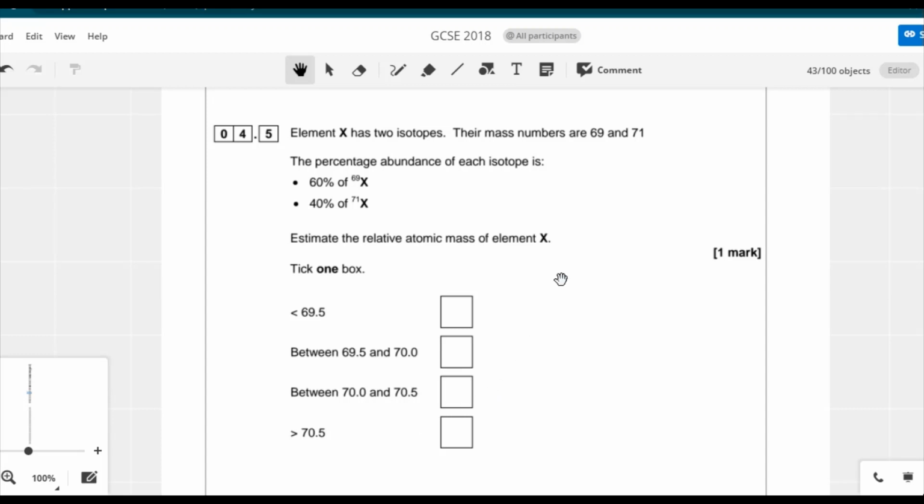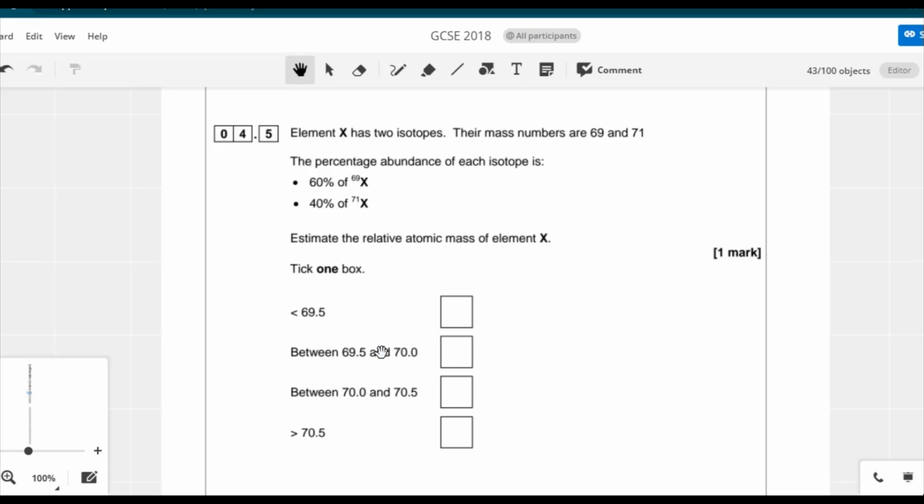Okay, next question: an element has two isotopes. Their mass numbers are 69 and 71. The percentage abundance of each isotope is 60% of 69 and 40% of 71. Estimate the relative atomic mass of the element. Tick one of the boxes. So it is 60% and 40%, and the mass numbers are 69 and 71.